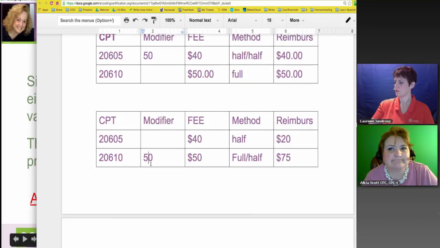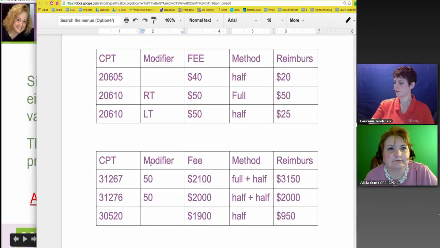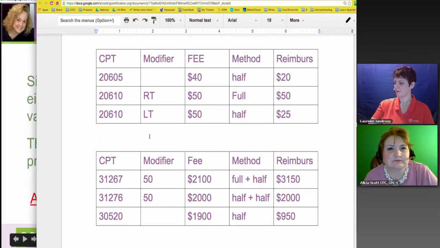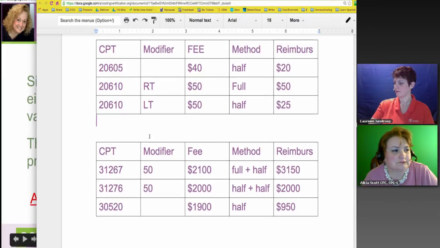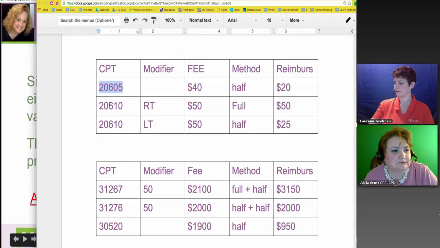I need you to scroll down just a little bit more. Yeah, I told y'all my answer was as lengthy as the question. Okay, so I broke it down so that hopefully if I confused you in the first two little examples, this one is a little bit better. We're going to still stay with the 20605 and the 20610 and just put the RT/LT there.